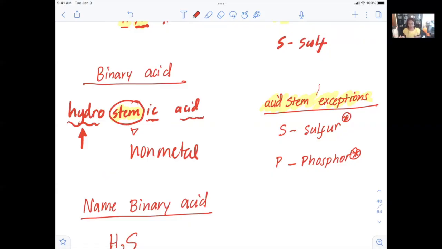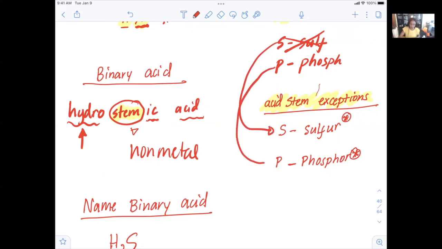That's just how they name it. It's now sulfur. It has kind of graduated and elongated. And before, phosphorus was phosp. Now we can't use phosp anymore in this section. For sulf, we have to use sulfur. For phos, we have to use phosphor.